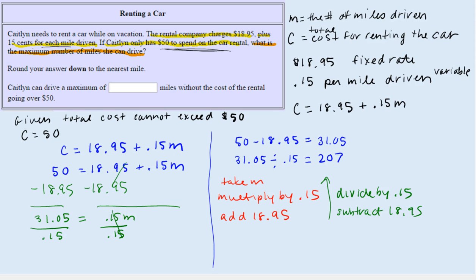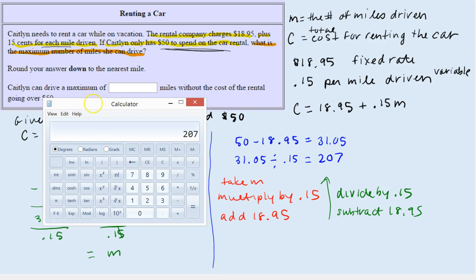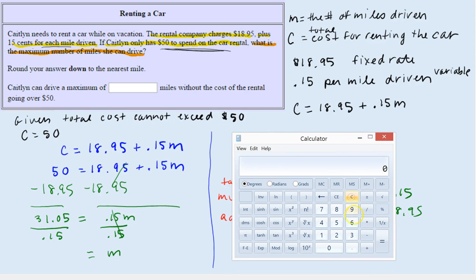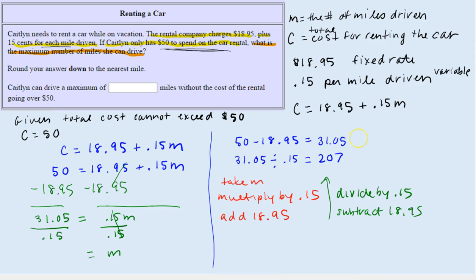Here the 0.15's cancel, and we saw just a second ago that dividing 31.05 by 0.15 is 207. So Caitlin can drive a maximum of 207 miles without the cost of the rental going over $50.